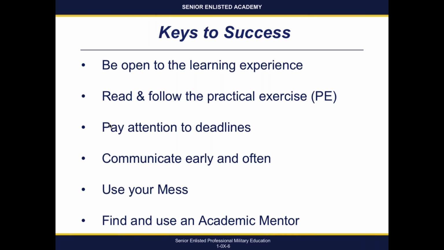We can work through almost anything, but we can't work through something that we don't know about. If you're having any issues, operational commitments, personal issues, bring it to your faculty advisor and work it out with him or her. There's nothing we can do after the fact. So communicate early and often, as has been said already.